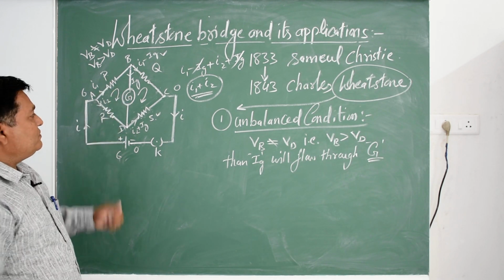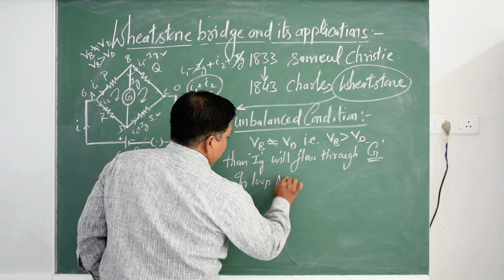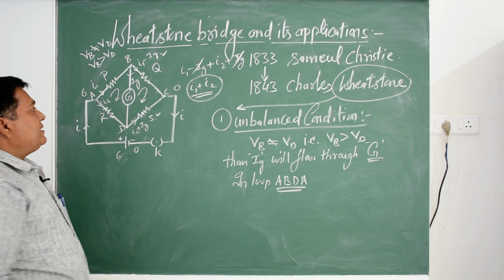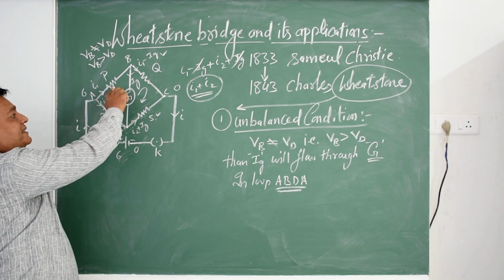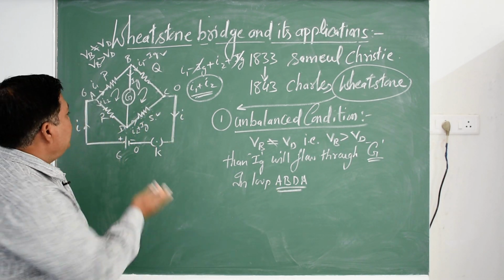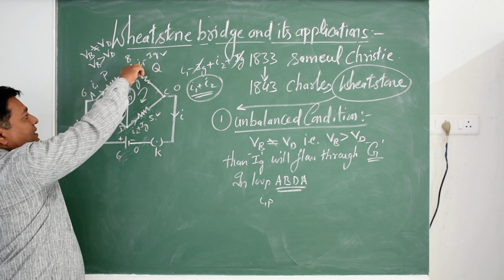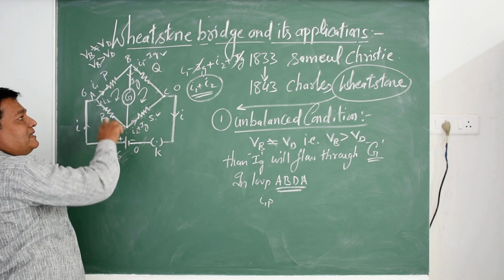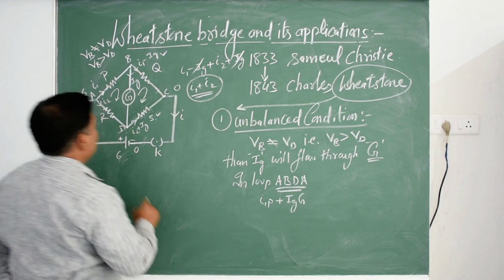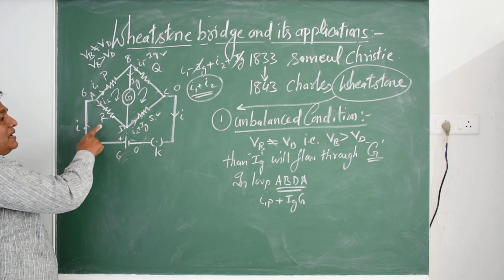In loop A, B, D and A again, A to B, B to D, D to A, the I1 current passes through resistance P. The potential is I1 P, in the same direction as our calculation, so we take positive I1 P. Here Ig passes through G, in the direction of our calculation, so we write plus Ig G. When it reaches D, I2 current is coming in the opposite direction of our calculation, and R is the resistance.